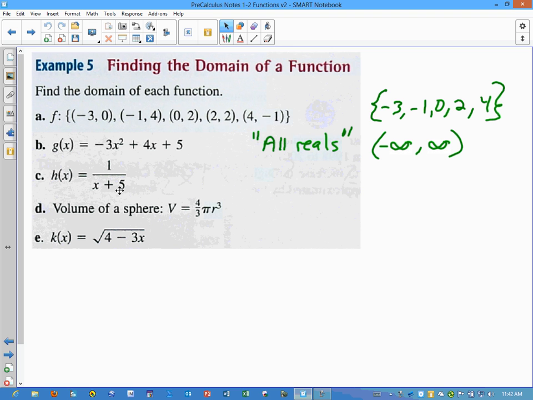Any other number won't be a problem except when x is -5. So 2 ways we can express this. We can use set builder notation to say that our domain is the set of all x such that x does not equal -5. So any number is good except for -5.